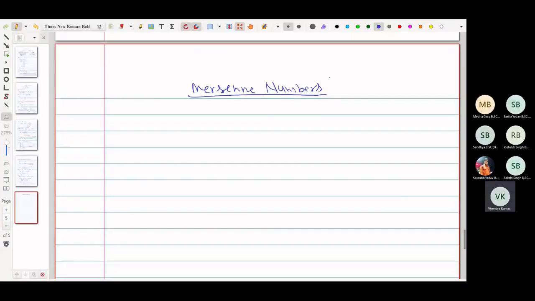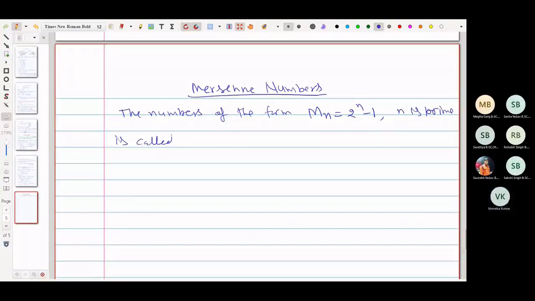The numbers of the form, sometimes written as Mn equals 2 to the power n minus 1, where n is prime, are called Mersenne numbers.